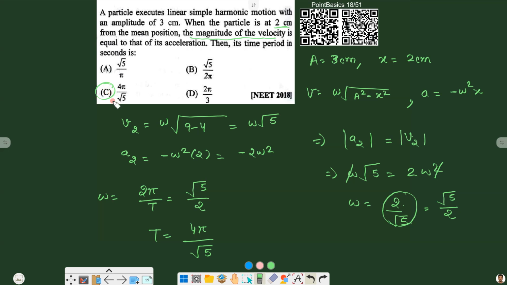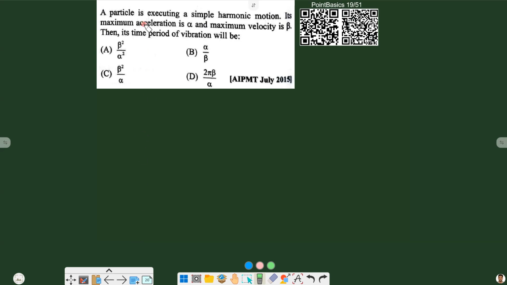Now moving to next question. A particle is executing simple harmonic motion. Its maximum acceleration is alpha and maximum velocity is beta. Then we have to find the time period. Acceleration for SHM is given by minus omega square x, where x is displacement.